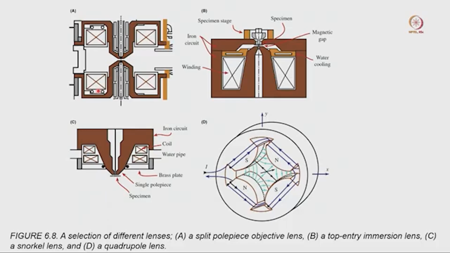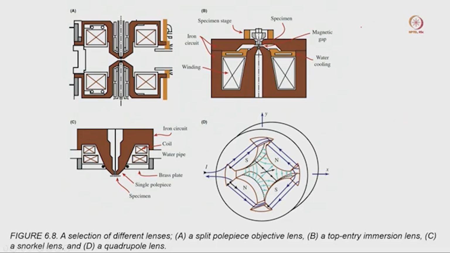Now let's take a look at the actual diagram of different types of lens systems. Here I am showing you an objective lens. If you go through this, you can see this is the objective lens system. When I was drawing the objective lens, if you remember, I was always talking about the upper objective lens and lower objective lens. So I am splitting the objective lens into two halves.